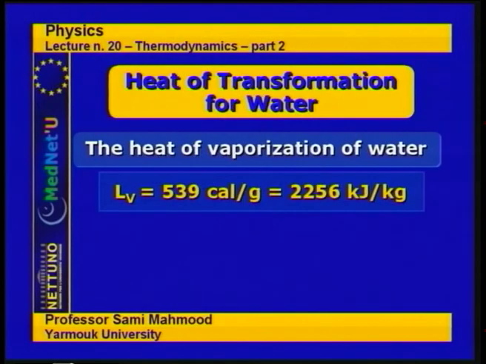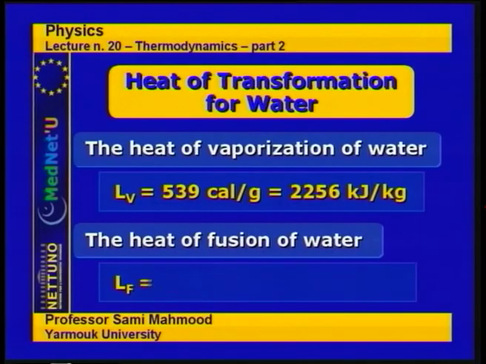And in the international system of units, this is equal to 2,256 kilojoule per kilogram. Just multiply the calorie by 4.186 in order to convert it into joule, and then we substitute the gram by 10 to the minus 3, and we get this quantity.